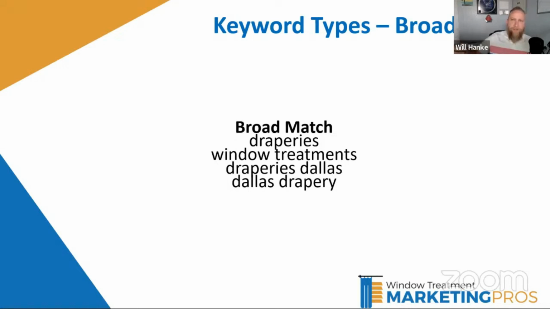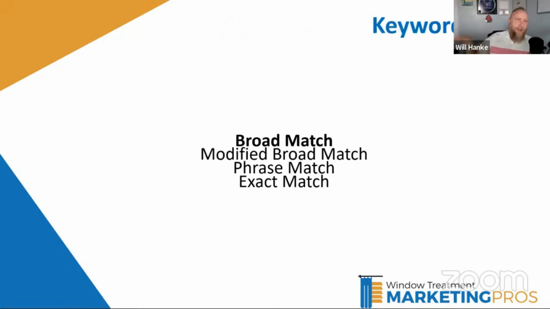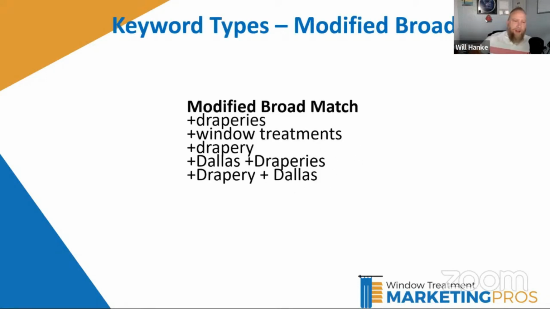If it's how do I get rid of my draperies, your ad could show up when it's a broad match search because that word was used in there. So it can be kind of a waste of money in a lot of cases by just saying, Google, show my ads anytime they use that word. Beyond that, there's also modified broad match, phrase match, and then exact match. And this is where it starts to get a little bit better.